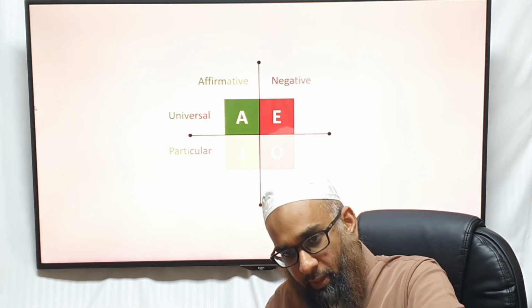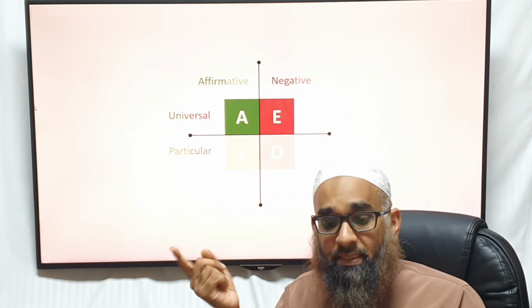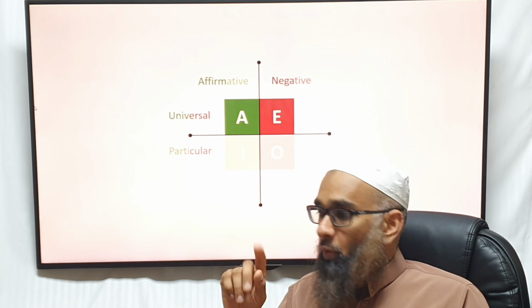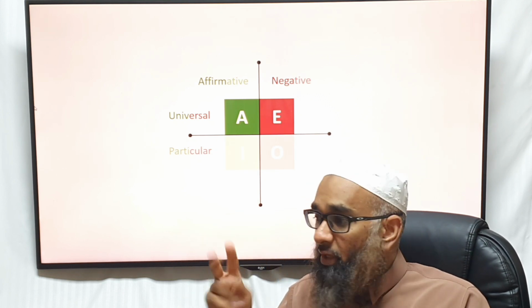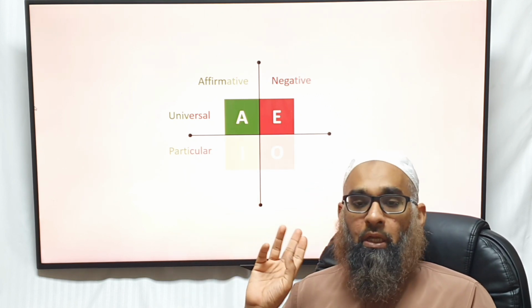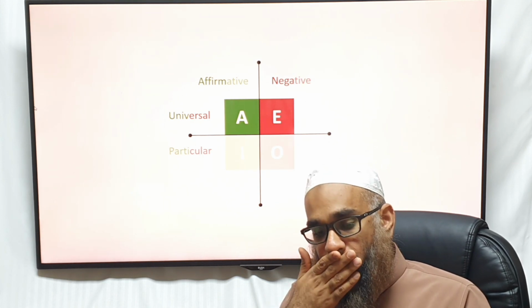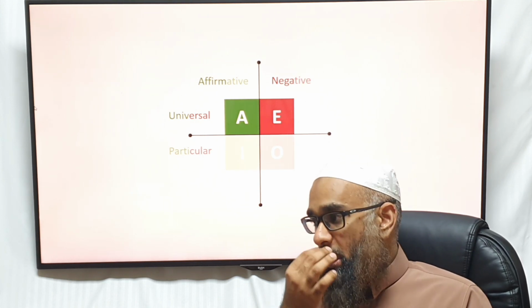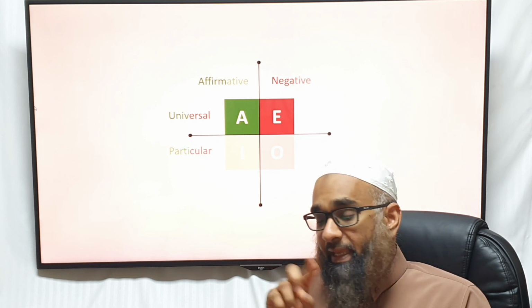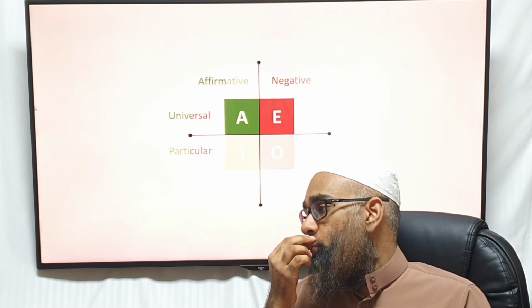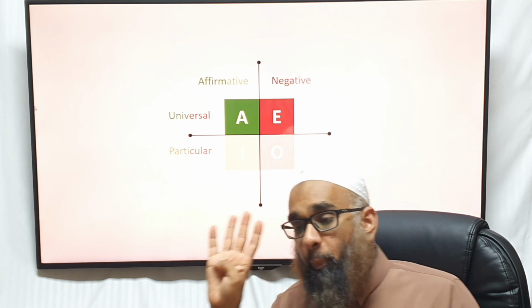Now, true and false, we don't really have a discussion regarding that. Let's make sure you bring true information. The second two, the quality and the quantity, we have affirmative and negative, and universal and particular. Now what they do in logic is they call it A, E, I, O. There are four possibilities.